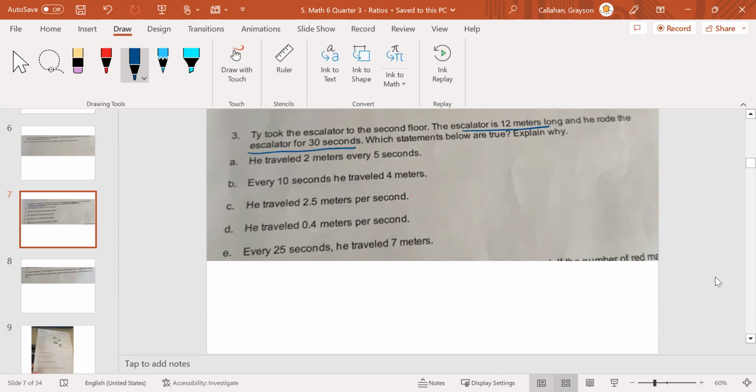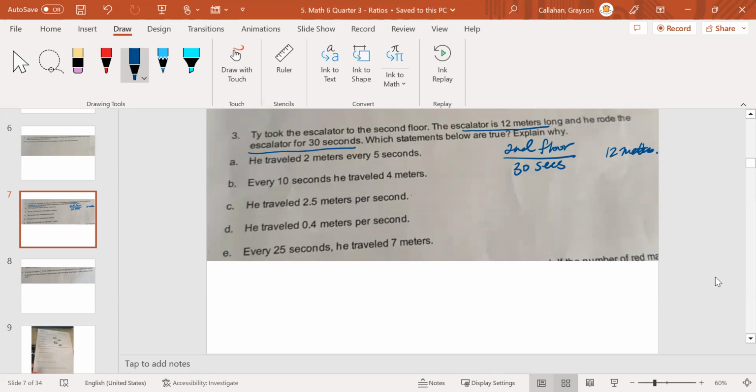He was on the second floor, right? So here are the facts. Second floor, 30 seconds, okay? And there are 12 meters, okay? He traveled 2 meters every 5 seconds.